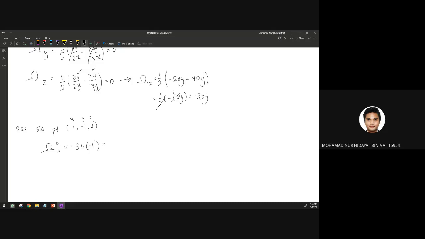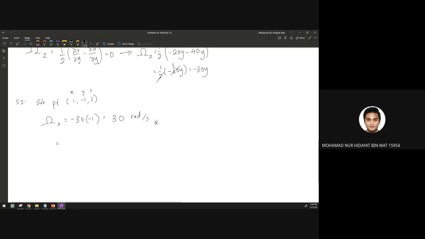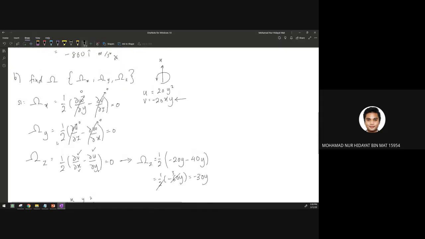So the final answer is 30. What's the unit? Remember, this is rotating, so when it is rotating, radian per second. So that is the final answer.